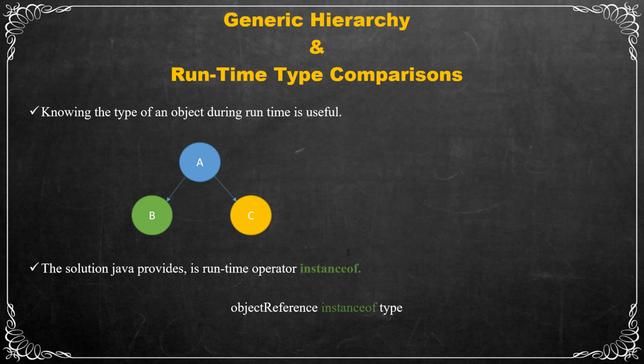Otherwise, the result is false. So you can use instanceof at runtime in order to find type information about an object. Here the point is that the instanceof operator can be applied to objects of generic classes.